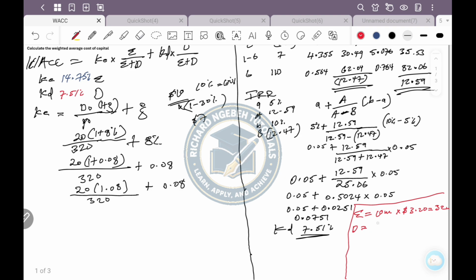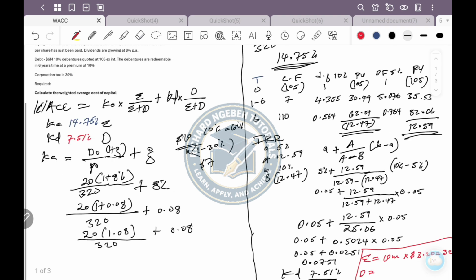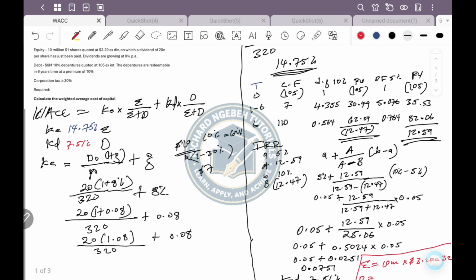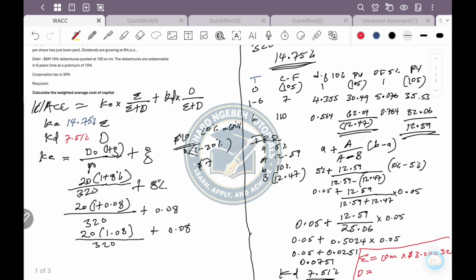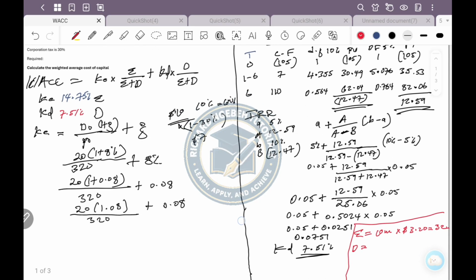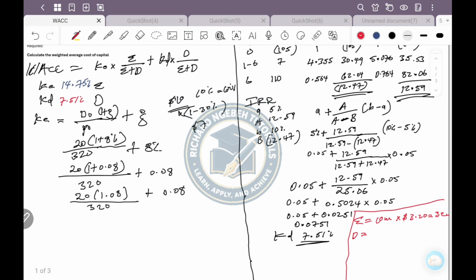Remember the value of your debt is, you have 6 million debentures, $6 million debenture. But what is the quoted price? 105. The quoted price is 105. So 6 million quoted at 105.